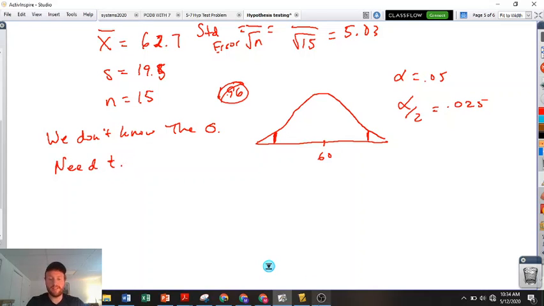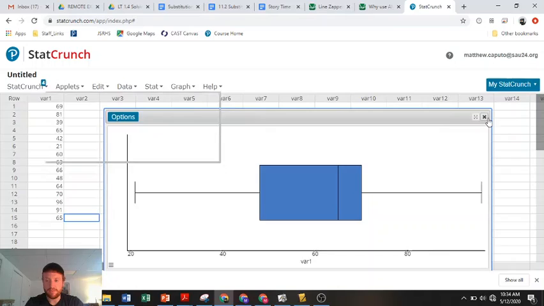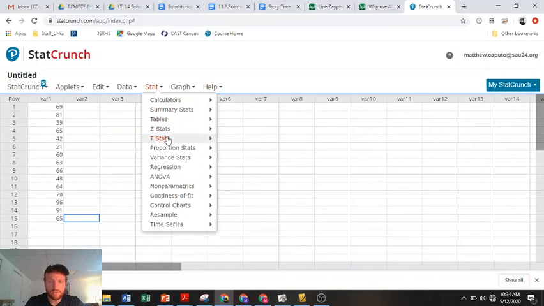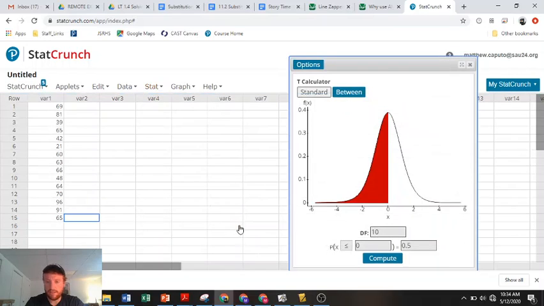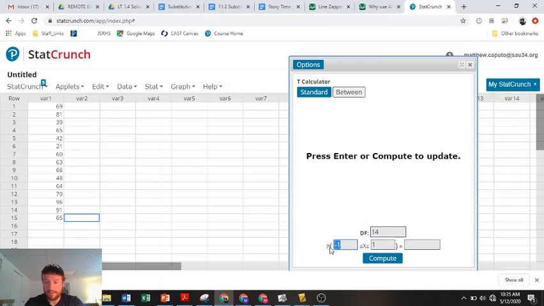If you have a TI calculator, you go to invT, or we can go to calculators. T. This is a betweener. The degrees of freedom is 14 because the sample is 15.